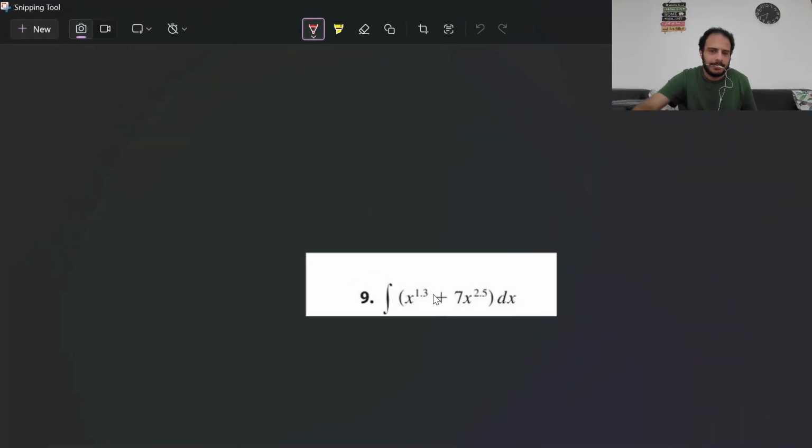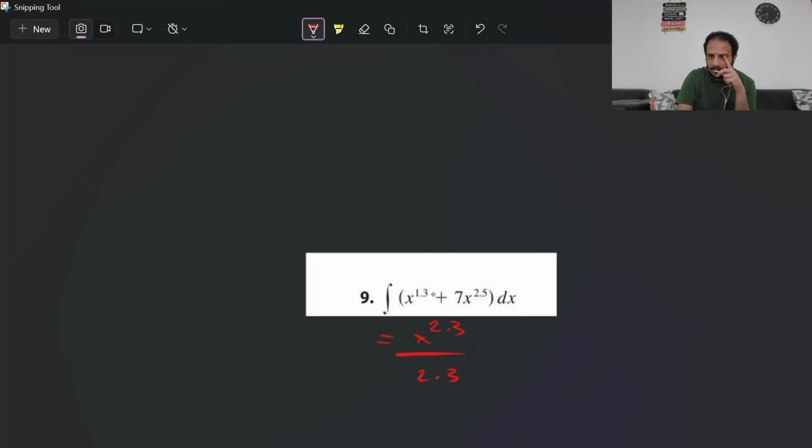So we're going to integrate x to the power 1.3 first of all. So we use the general rule for integration, which is x to the power n plus 1 over n plus 1. So x to the power 1.3 gives 2.3 over 2.3.